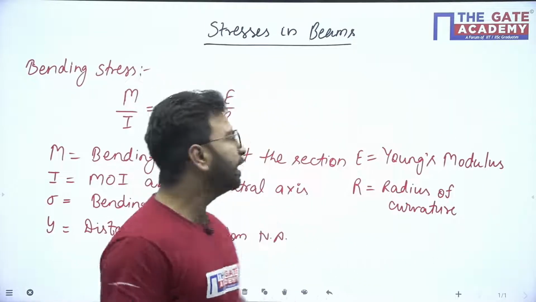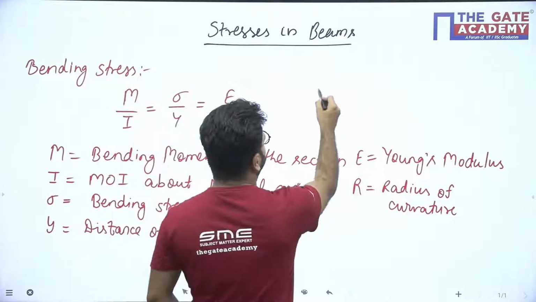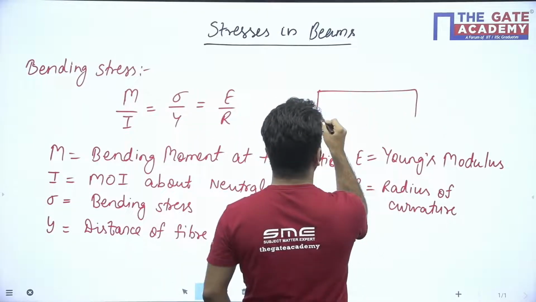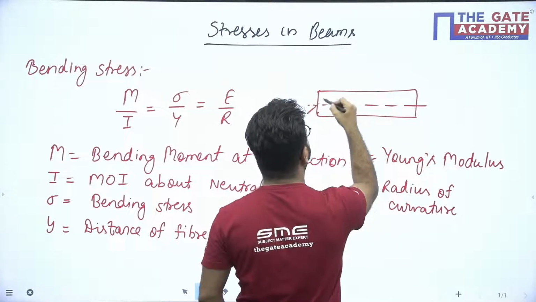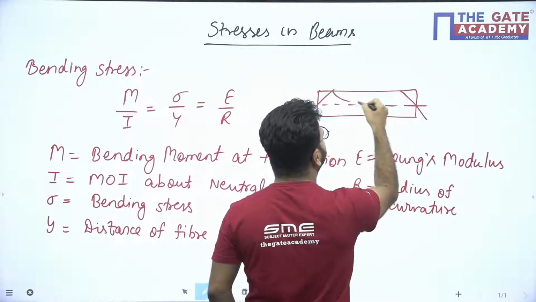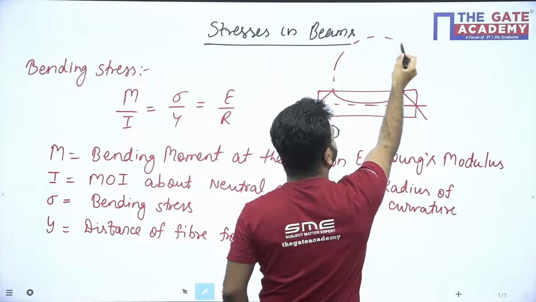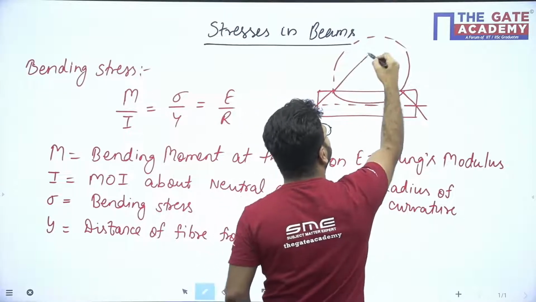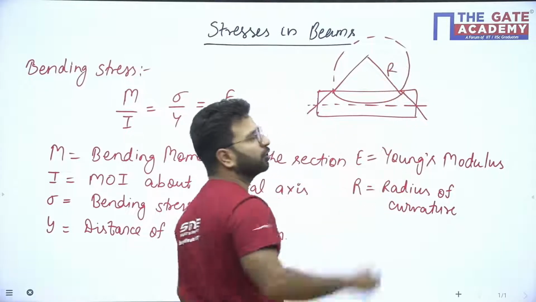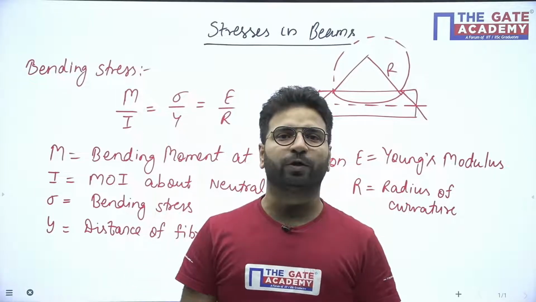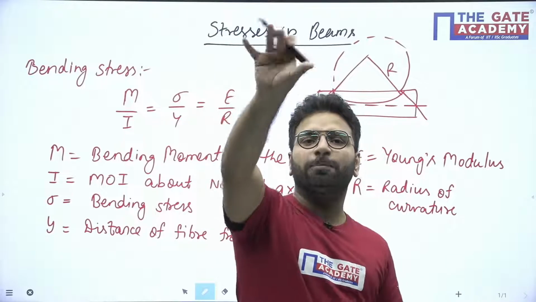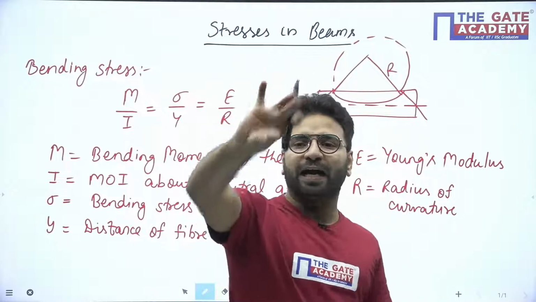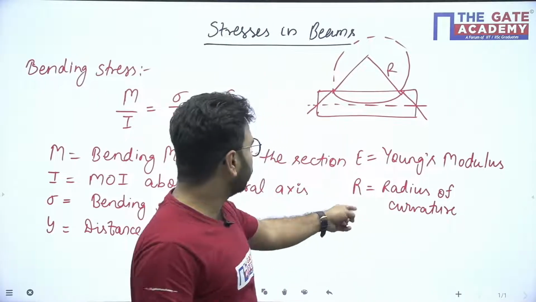We assume that when the beam bends, let us say this is my beam, it will form an arc of a circle, and the radius of that arc is known as the radius of curvature.